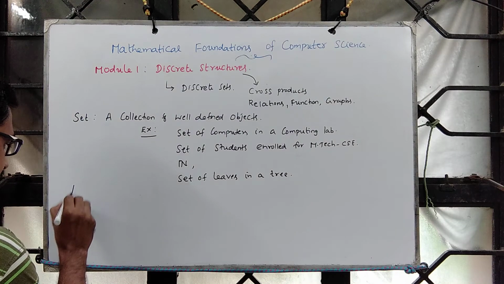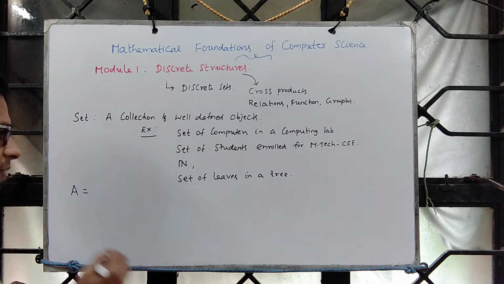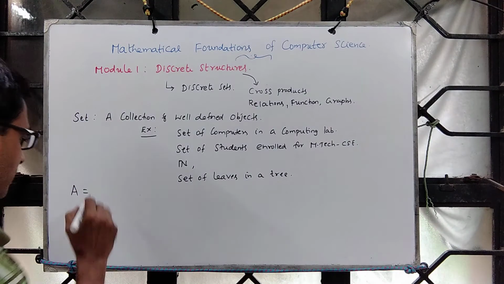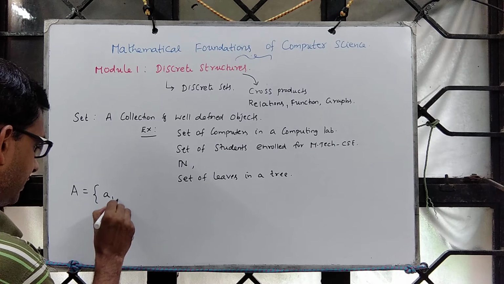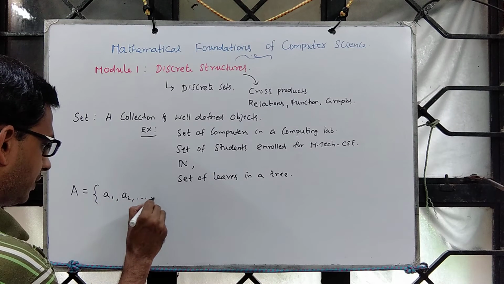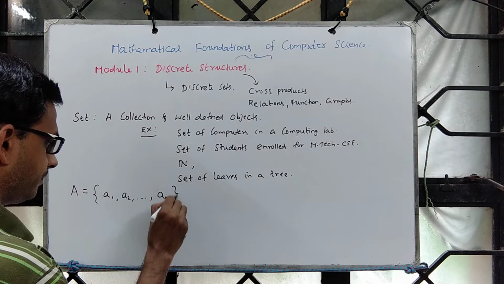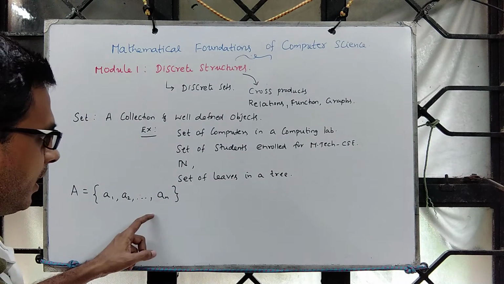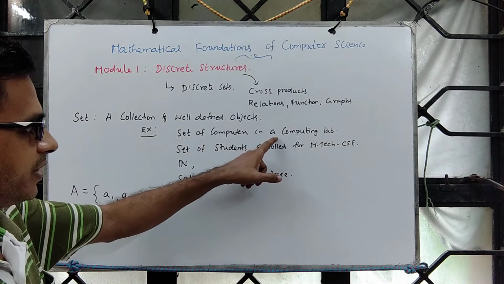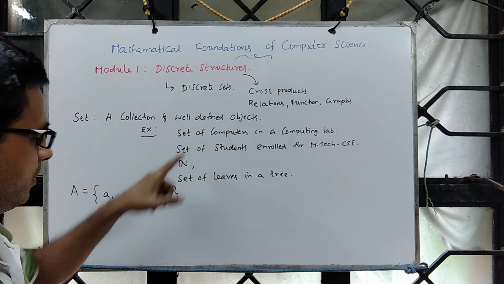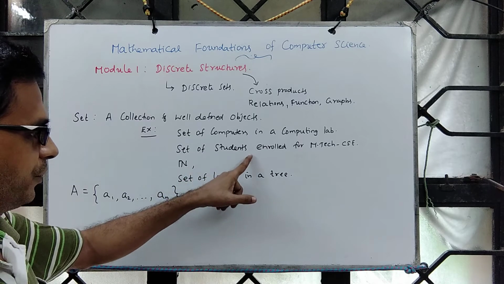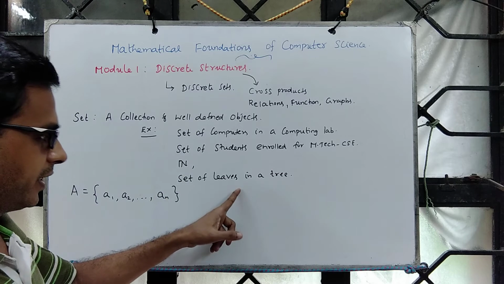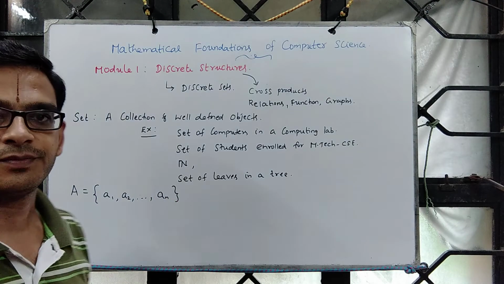We often go for a formal way of representing sets, a formal representation. So it is represented as a1, a2, and so on up to an. So this ai, in general, may represent a computer if you take this set, may represent a student if you take this, a number if you take this, a leaf if you take this.